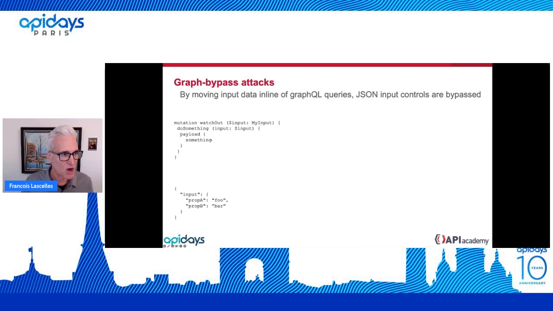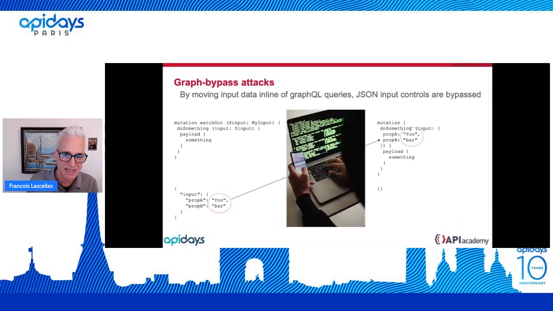So on the left here, you've got a GraphQL mutation that has an input at the bottom here, and you see the variable input that's declared in the mutation. On the right side is the equivalent mutation, if you like, but instead of having that input as a variable, you just put it inline of the GraphQL mutation. So both of these syntaxes are equivalent to one another.